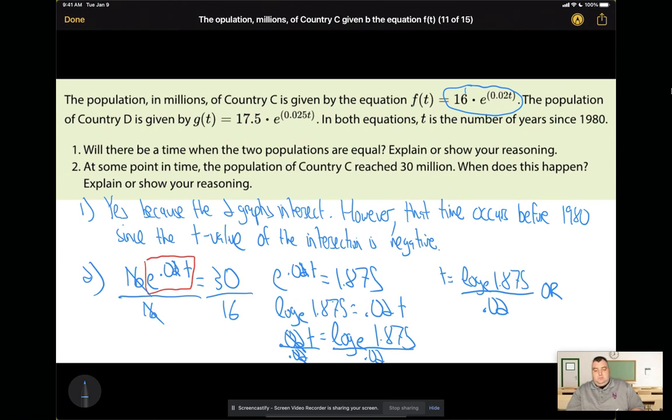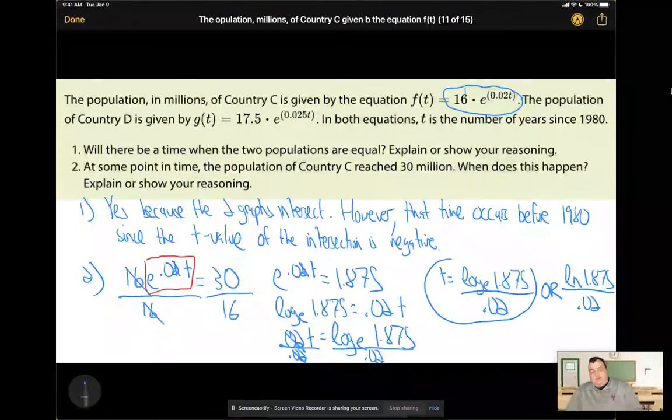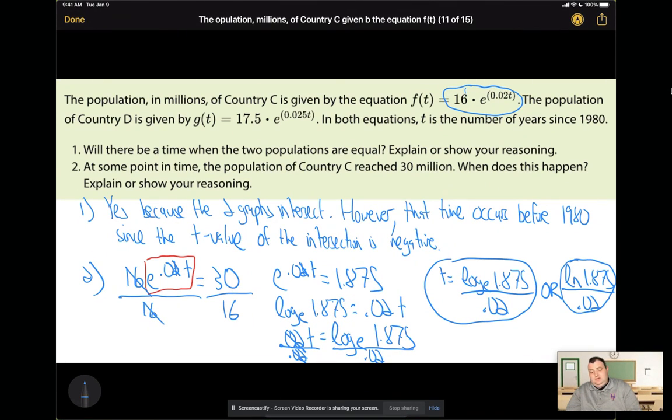Or we could write it as t equals ln of 1.875, so natural log of 1.875 divided by 0.02. So either one of these would be considered correct.